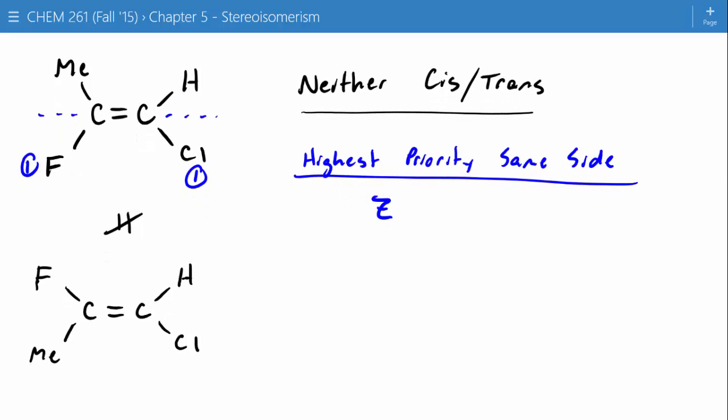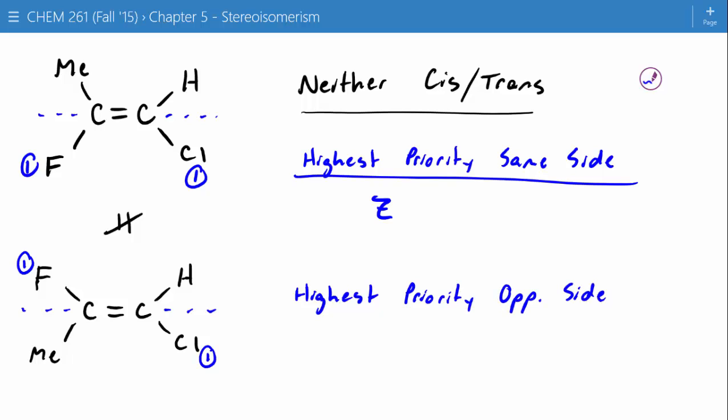If you go through and designate it here, now we've got the highest priority on opposite sides. I don't have a good one for this, sorry. This is just E.